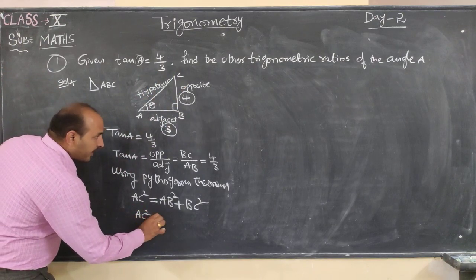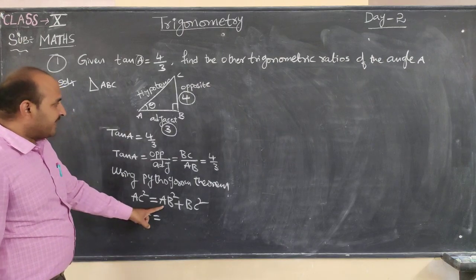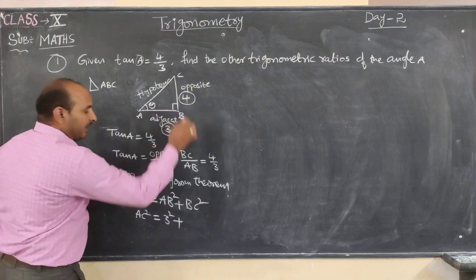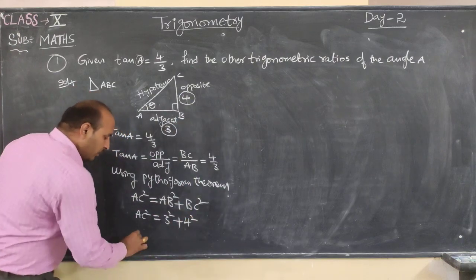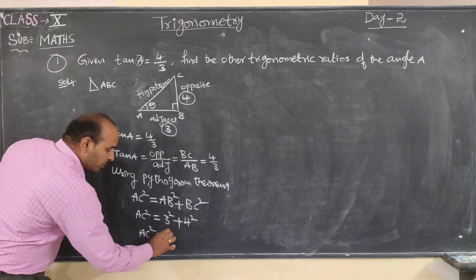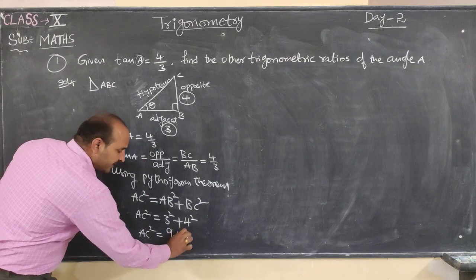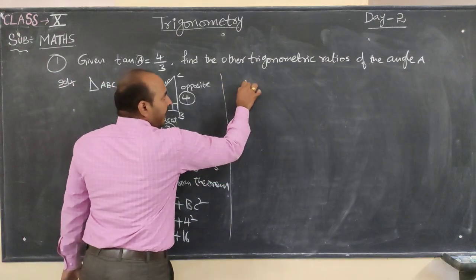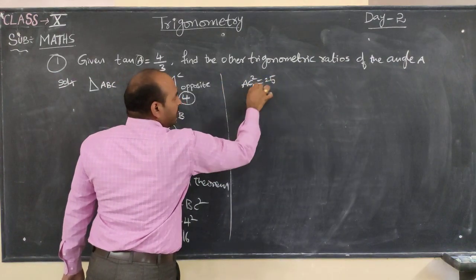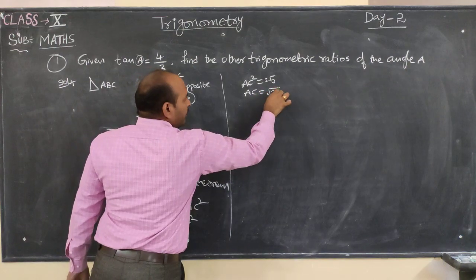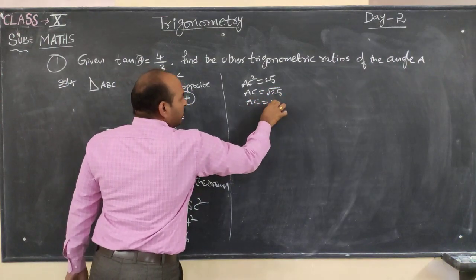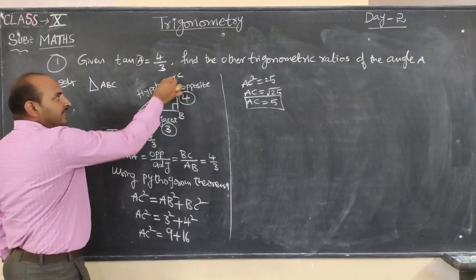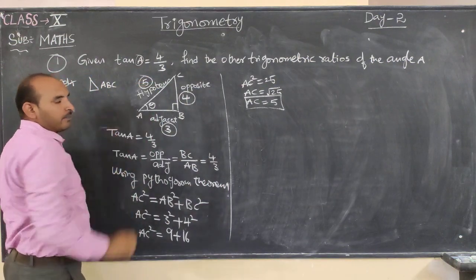So AC square is equal to AB side value 3 square plus BC side 4 square. So AC square is equal to 9 plus 16, that is 25. AC is equal to root 25. So AC is equal to 5. Hypotenuse AC side value is 5.